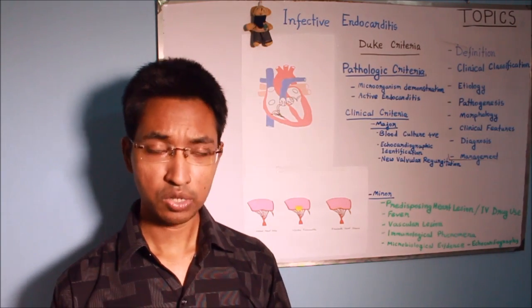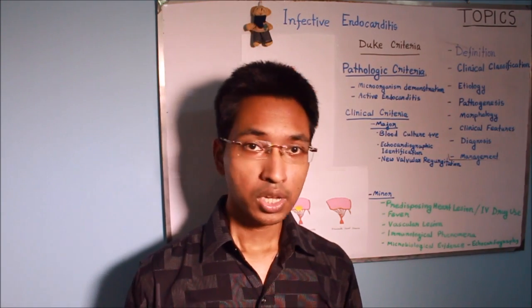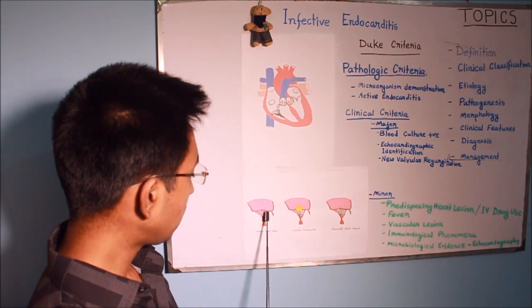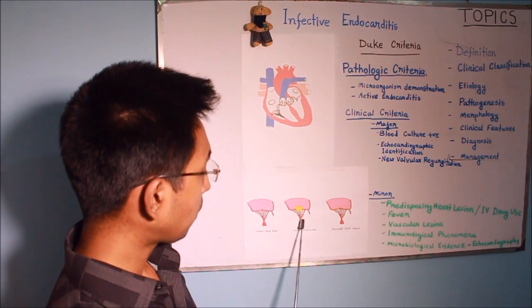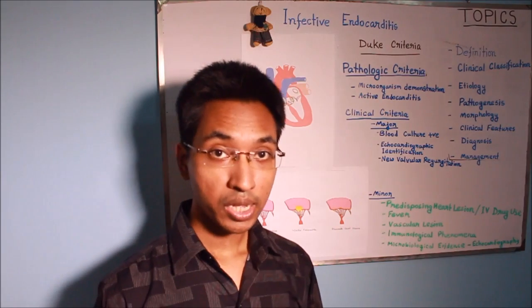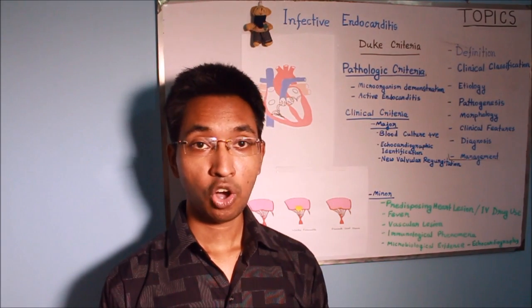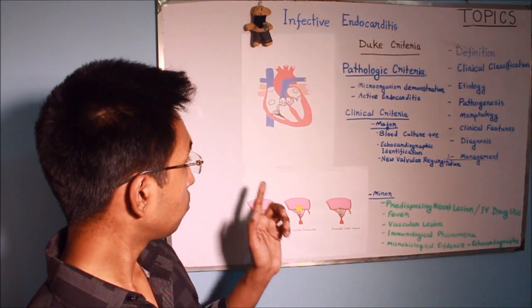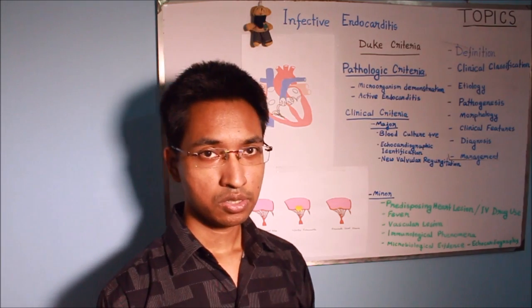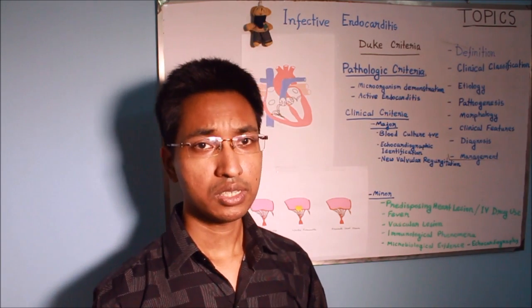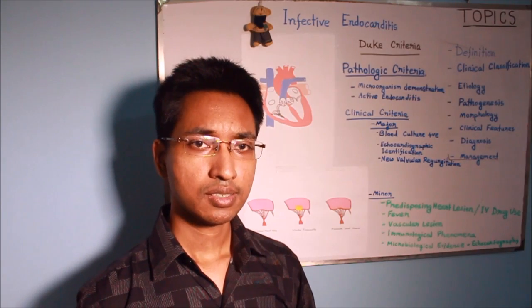And one additional information that is nice to know is that the chordae tendineae and the papillary muscle together are also sometimes called the subvalvular apparatus. So that is also an important thing to know for your examination.